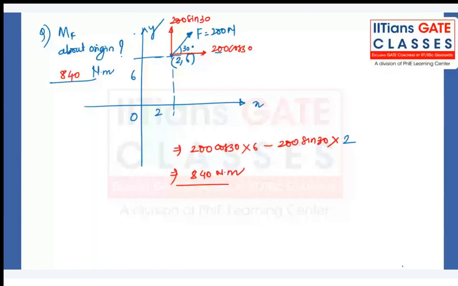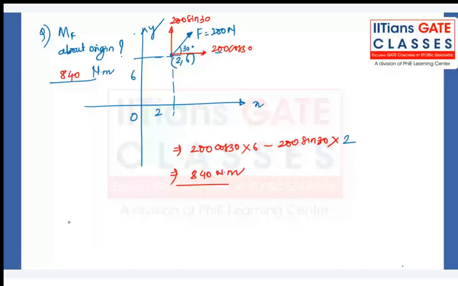Okay. One more question. We got one question from Harsh: 200 cos of 30 would be negative, creating clockwise.